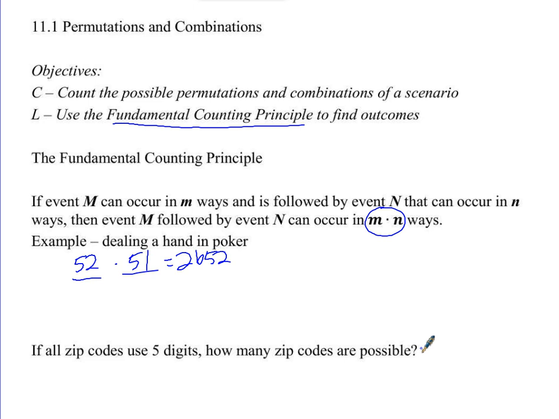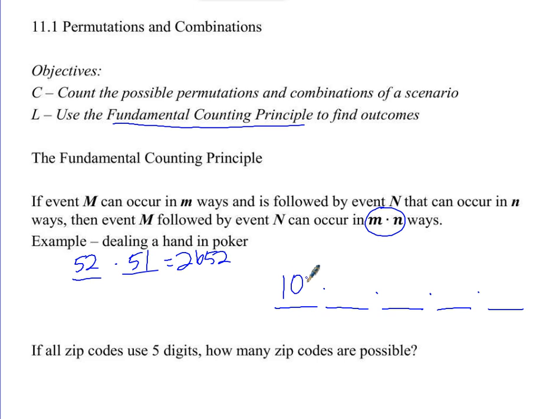That's 5 digits. In a zip code, there are 5 positions. 1, 2, 3, 4, 5. I'm going to multiply the number of ways that each one of those positions can occur. So how many digits do we have that can go in that first position? There are 10 digits. 1, 2, 3, 4, 5, 6, 7, 8, 9, but also 0. So there are actually 10 digits that can go in that first position.